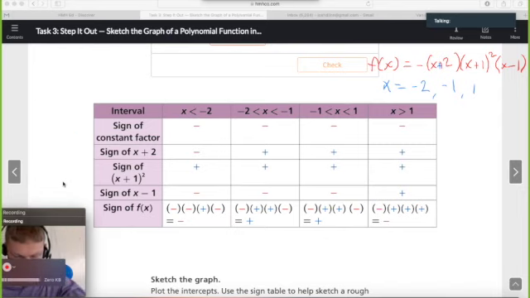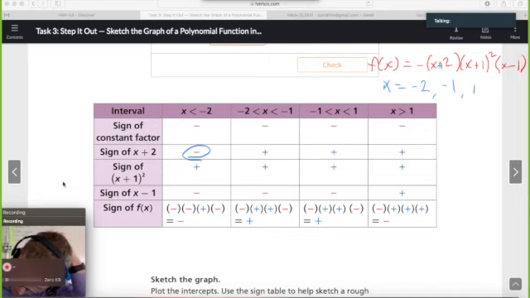So sign of x plus 2. If x is less than negative 2, so let's say negative 3, sign of x plus 2, that would be negative 1, so it would be a negative sign. Okay? Negative 2 to negative 1. So, I don't know, negative 2.5.